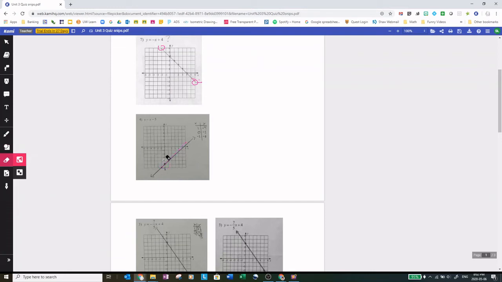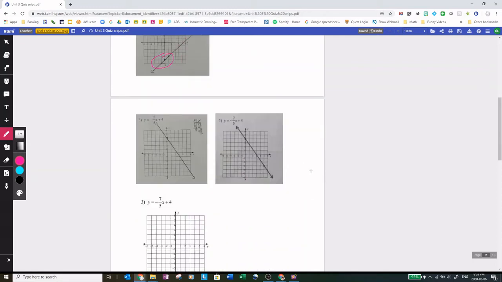I'm going to erase my own line. What they did is they put these 3 points here and did the line through it. But because the line was off just a little bit, it's off by a lot more when it gets up to the edge of the graph. The edge of the graph is where I'm looking to see if the graph is correct.